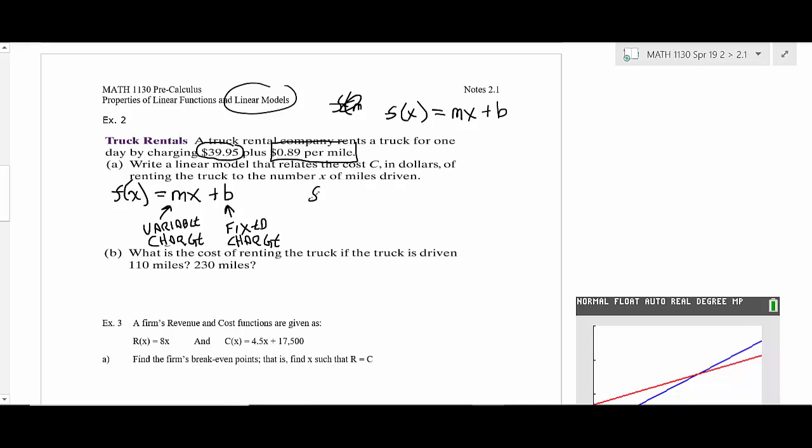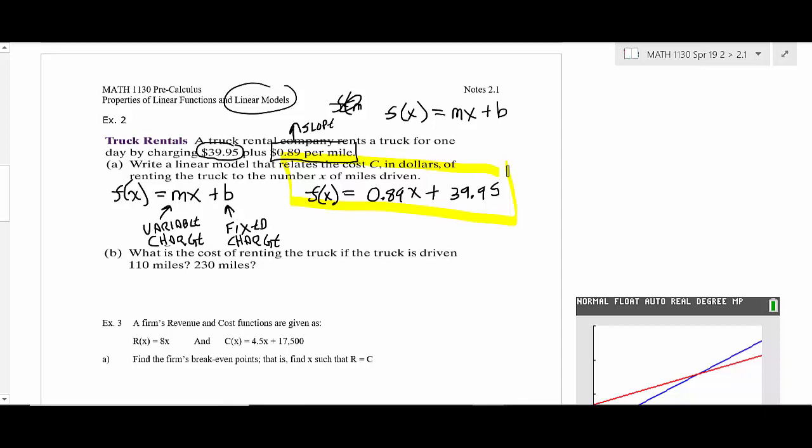So you would have f of x equals, and the slope is going to be that variable rate of change, so that's 0.89x. And then plus the 39.95, that's going to be a fixed cost or charge. So that's it. Okay, does that make sense to you?